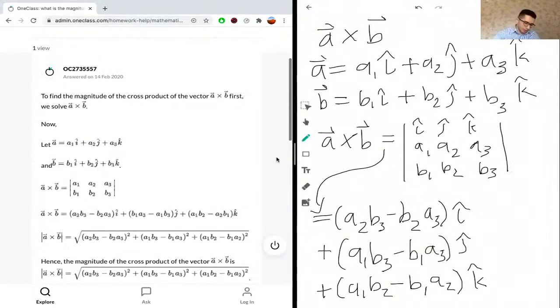Then I'm going to erase the top of the board, but we just need the bottom section here to derive the magnitude.